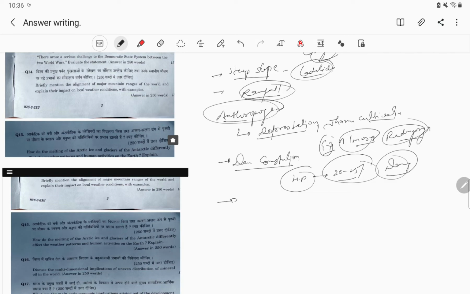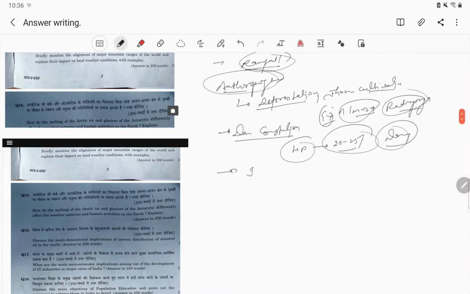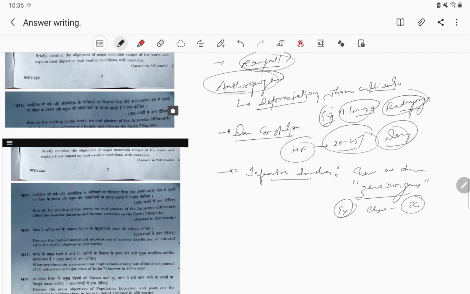After that, you can talk on infrastructure development that is going on, because environment and development are a zero-sum game. Taking example of the Char Dham project that is going on, even Supreme Court had ruled that it's very important because of its strategic location.